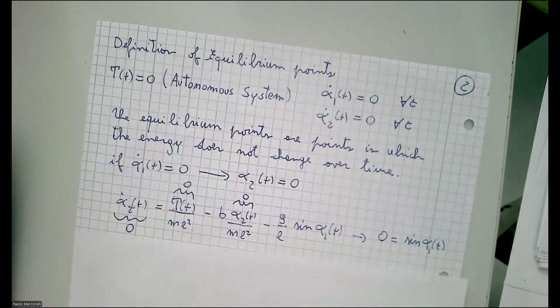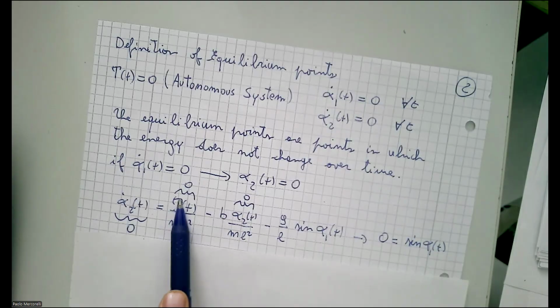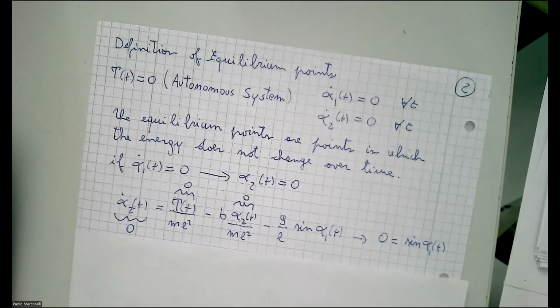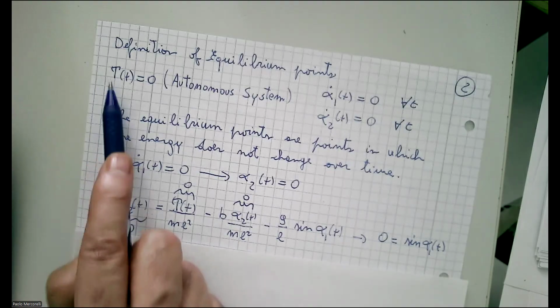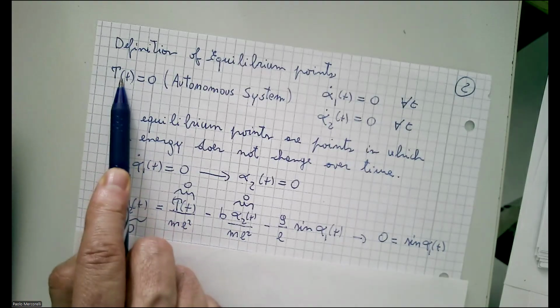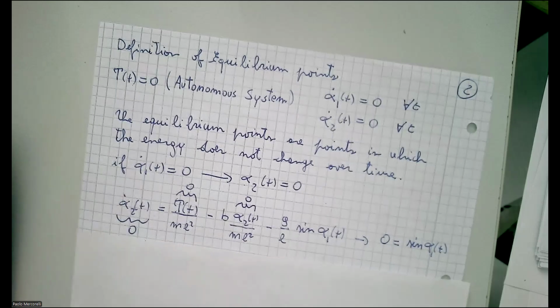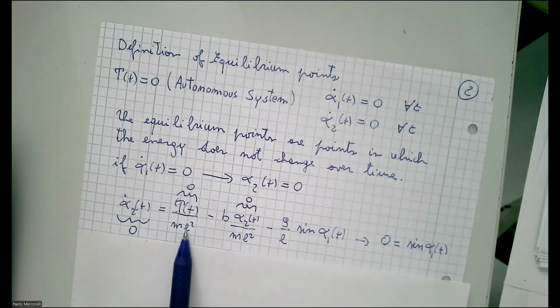Look here. This is zero by original definition, because I would like to look at the natural equilibrium point. Natural means without solicitation, without input, which means T of t equals zero. In this case, this is zero.